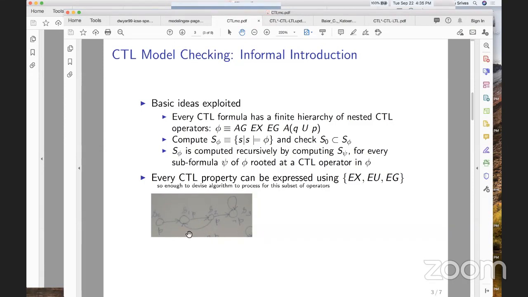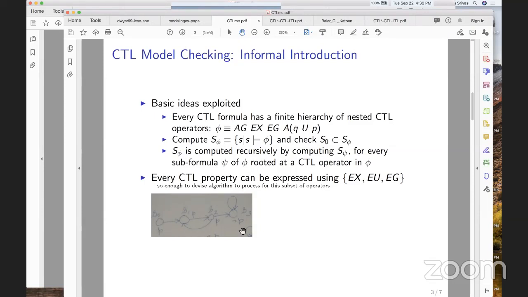So the first step is, of course, for all the atomic formulas in the original formula, you label every state at which that thing is true.